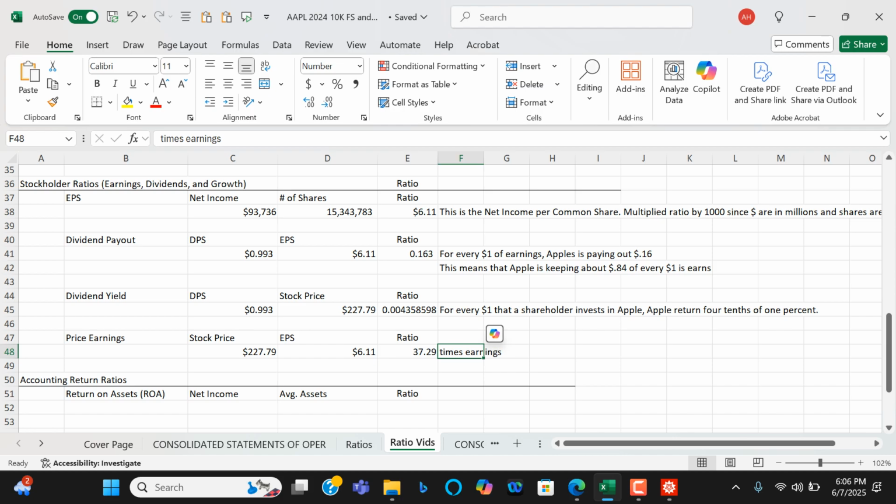Everybody looks at the P/E ratio. Starts here, okay. And how is this interpreted?